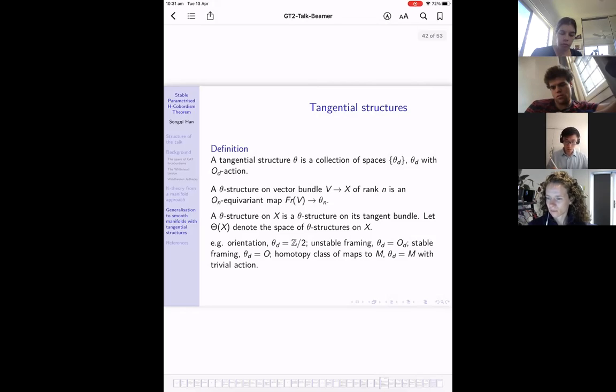And when theta D equals the stable orthogonal group, which is O, then that is equivalent to a stable framing. And of course, there's the case where theta D is equipped with the trivial action. Here, when theta D takes a constant space, which is constant with respect to D, and this space is equipped with the trivial action, then a tangential structure in this case is a homotopy class of maps from X to that space.